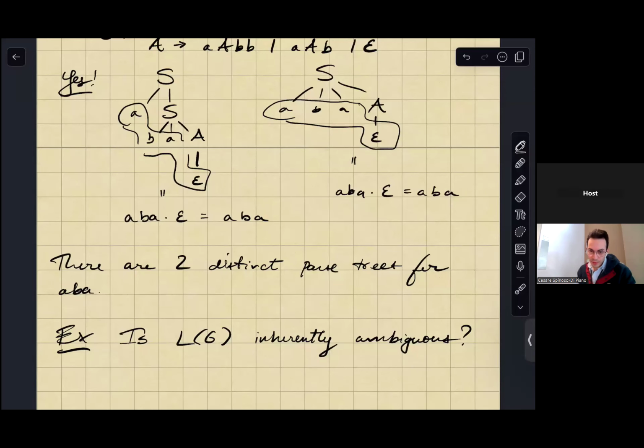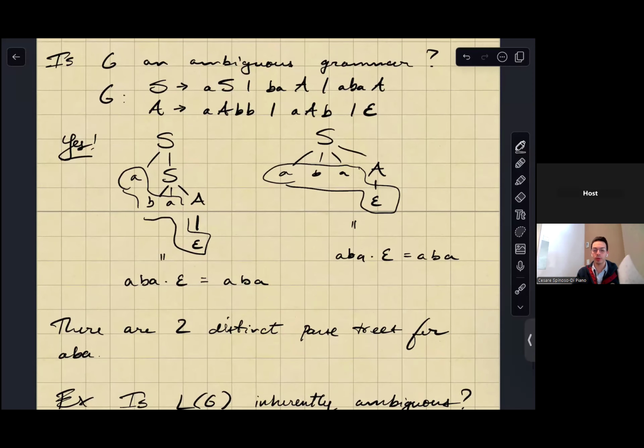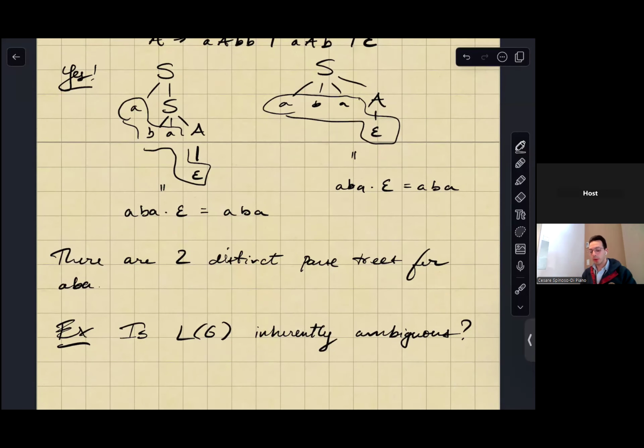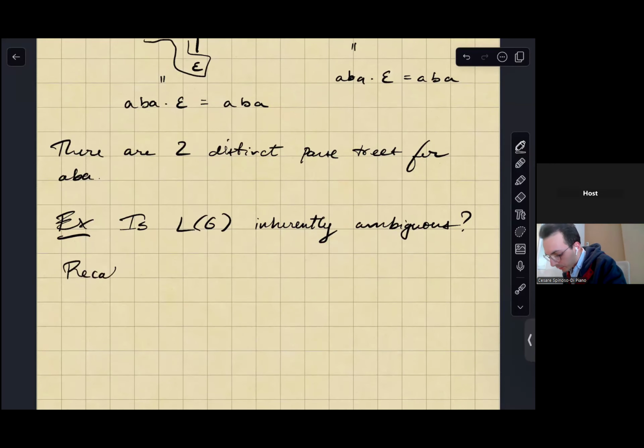Okay, so in the previous video, I ended on asking whether L of G, where G was a grammar which we had identified was itself ambiguous, whether L of G was inherently ambiguous. So let me just quickly remind you of what inherent ambiguity is.